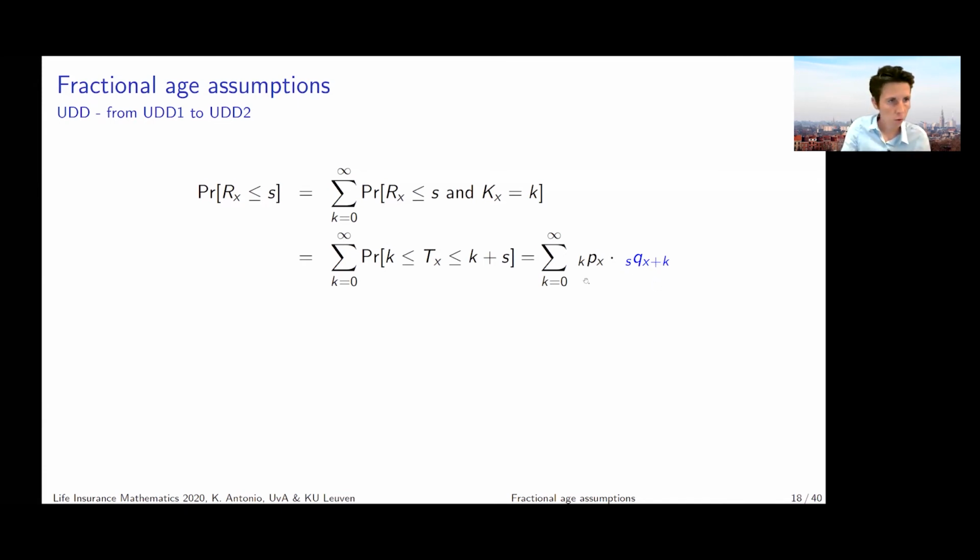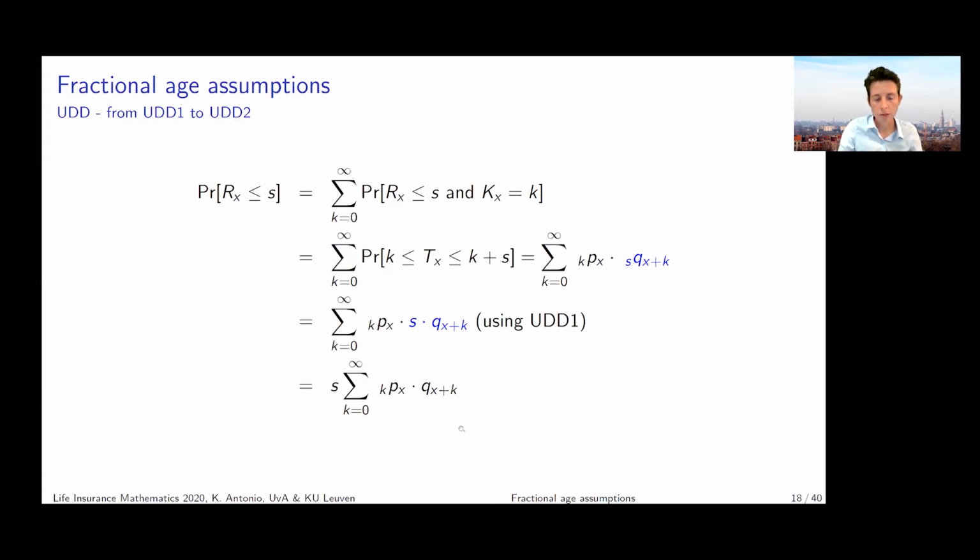But now I know, of course, that the formulation of the uniform distribution of deaths, number 1, must hold. So that means that I can do something with this blue guy over here. I can write it as s, a number between 0 and 1, multiplied with qx plus k. That's exactly what my first version of the UDD is telling me. So if I put the s in front of the summation, I'm left with looking at this guy.